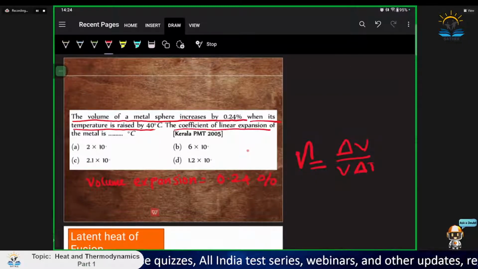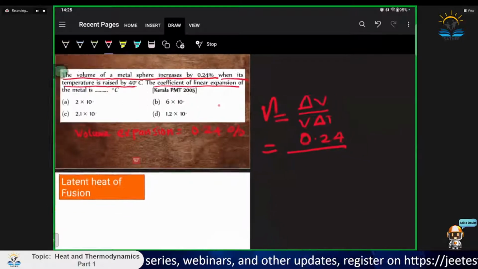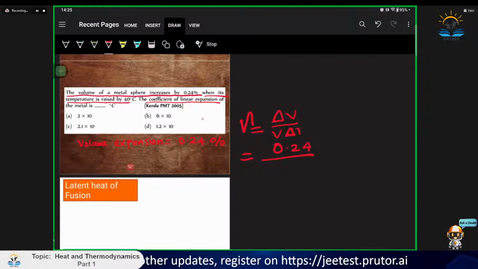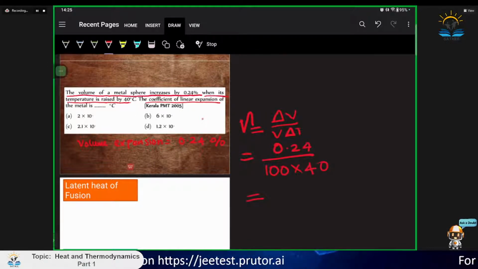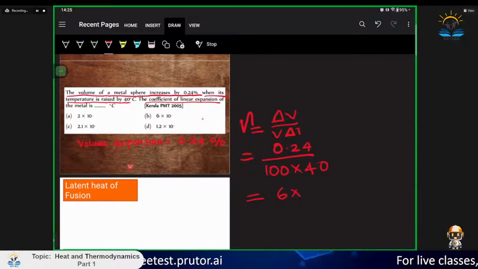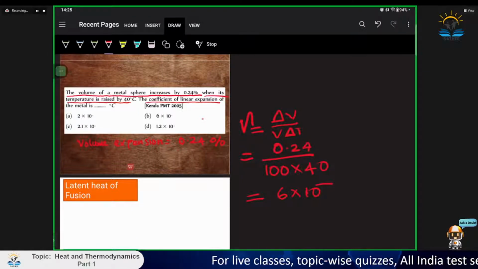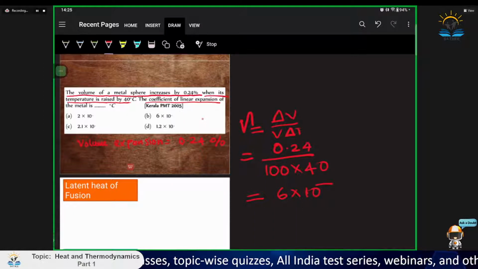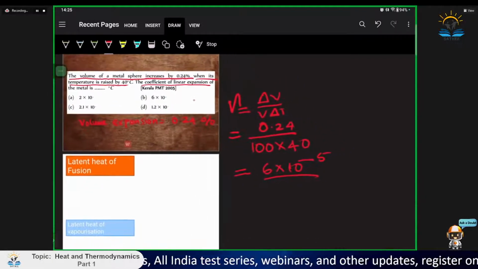So we can write gamma is equal to 0.24 divided by 100 into 40, that is 6 into 10 raised to minus 5.